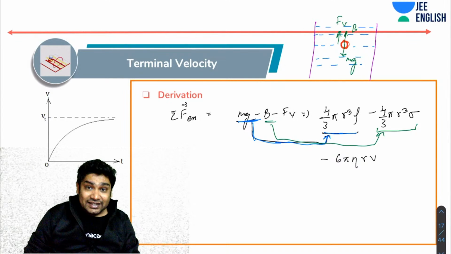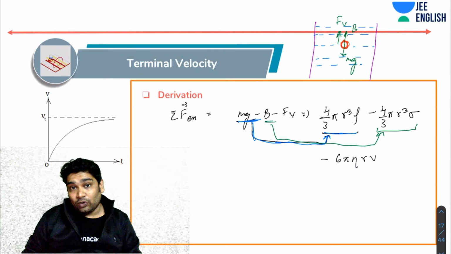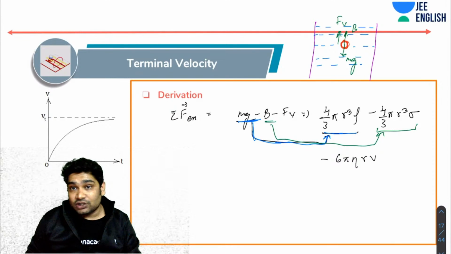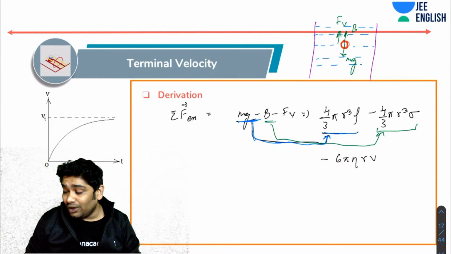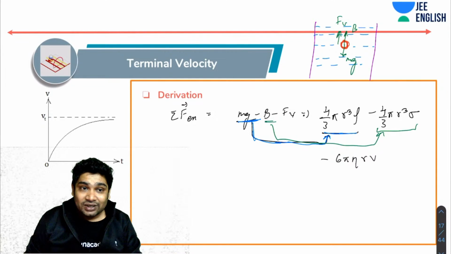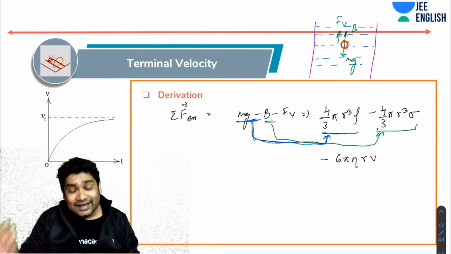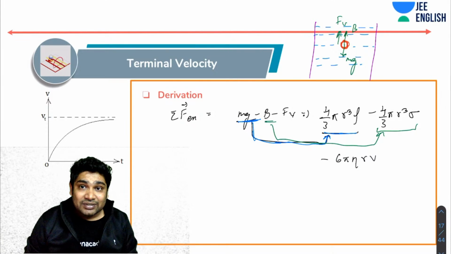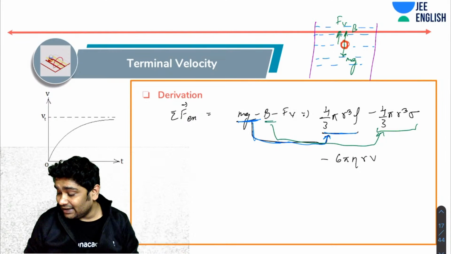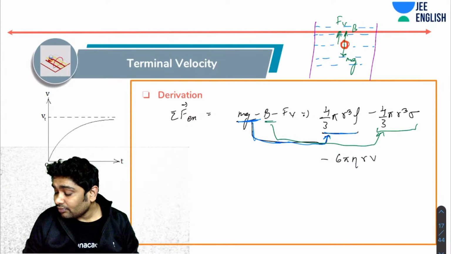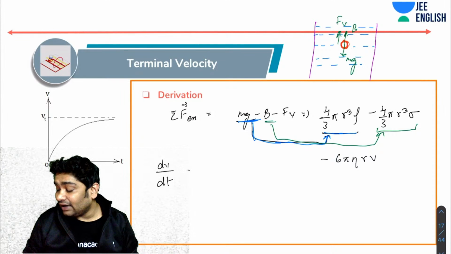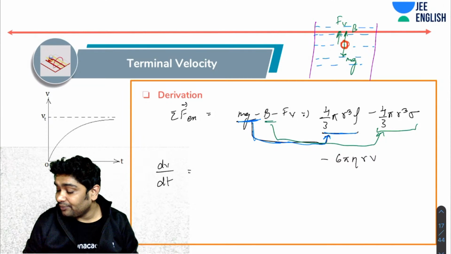Initially when the velocity is zero, when the particle has just been dropped, the net force would be downwards because we are assuming that rho is greater than sigma. It experiences a net downward force and hence it starts to accelerate. Now as it accelerates, from here I can say that the acceleration dv over dt has this entire thing as some constant.